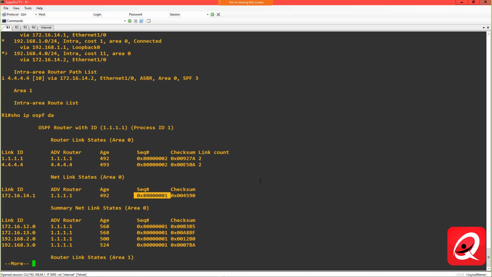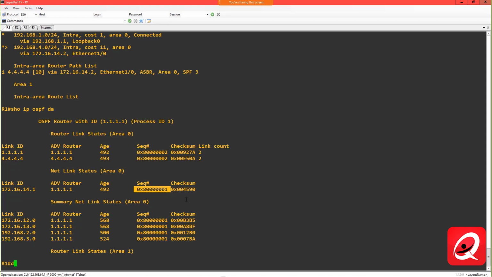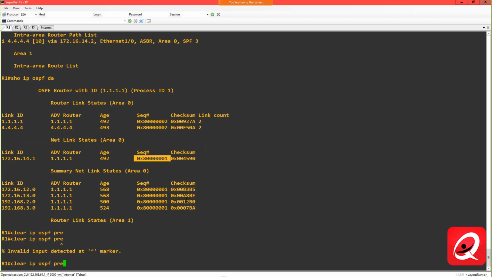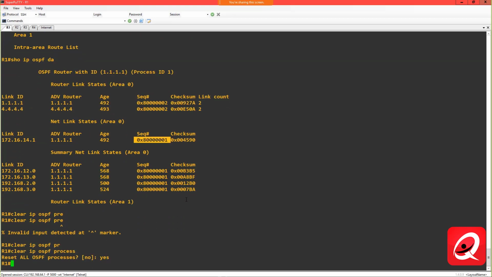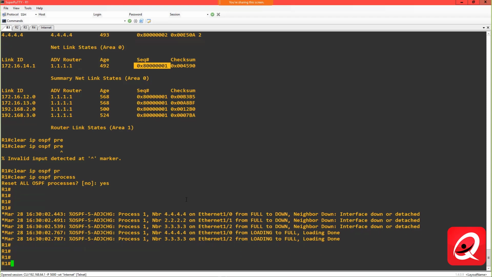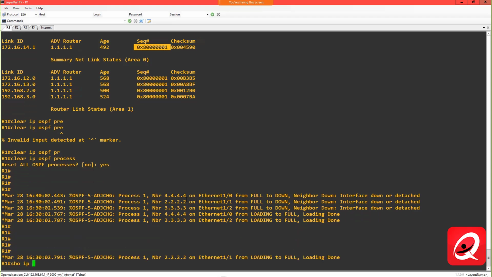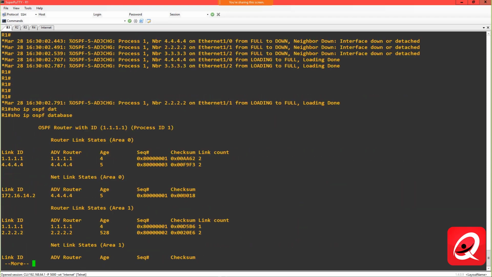If I was to flush out OSPF, let's go ahead and do a clear ip ospf process. And I wait for my adjacencies to reset. Show ip ospf database, you can see that a lot of these LSAs are going to reset to 1 because we've basically reset the process.